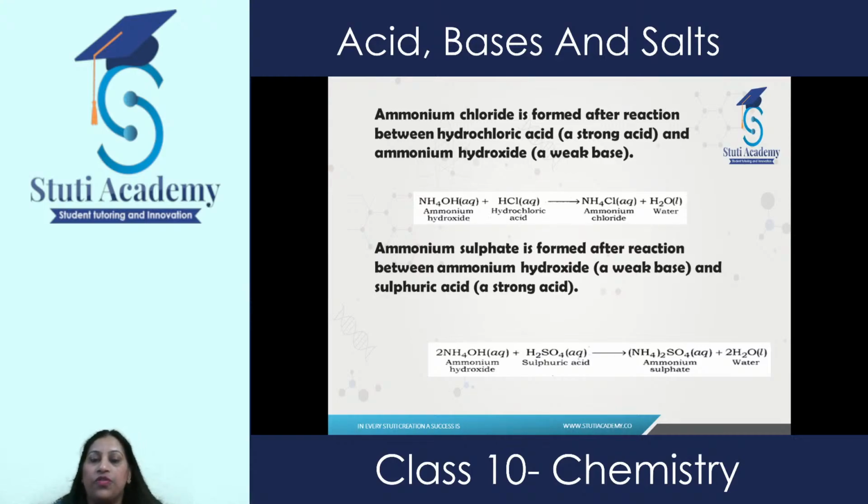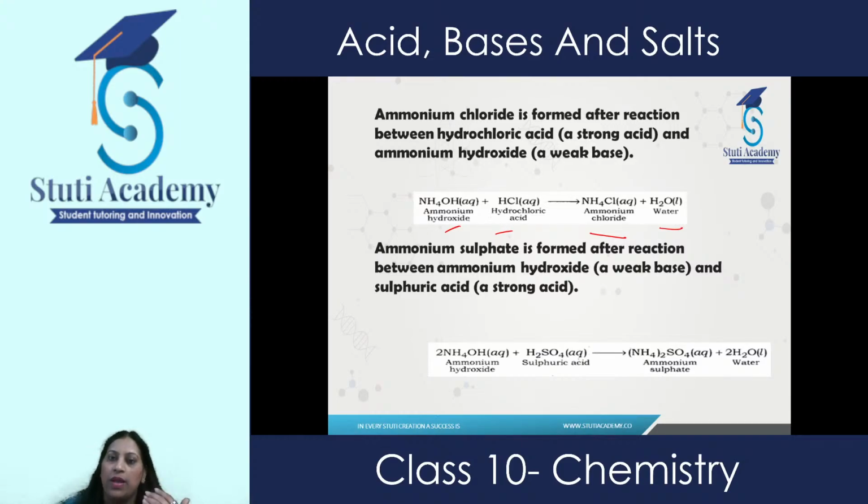Examples of such acidic salts are ammonium chloride and ammonium sulfate. As you can see again, when acid and base react, ammonium chloride and water are formed. The reaction remains the same: salt and water are always formed after the combination of acid and base.